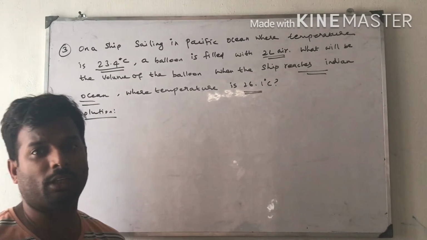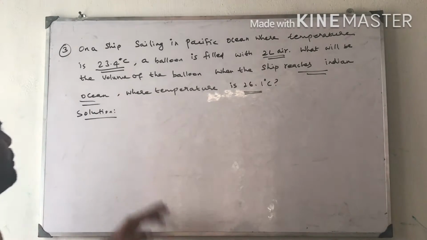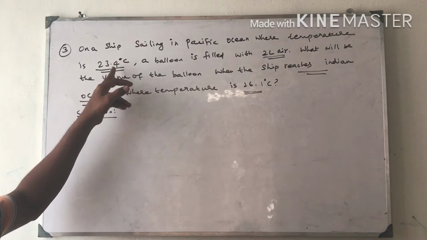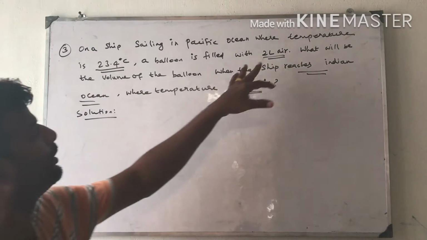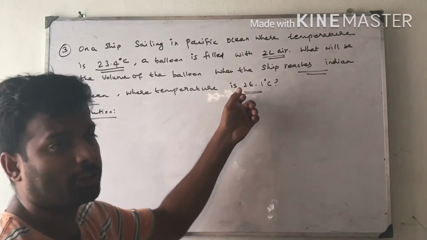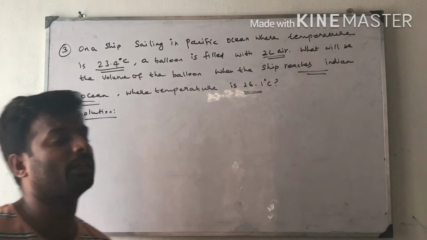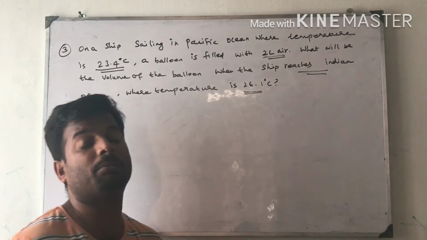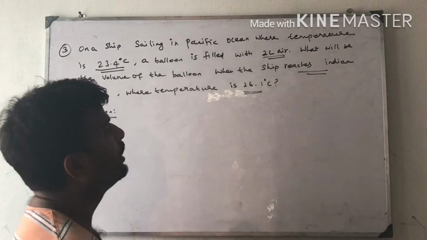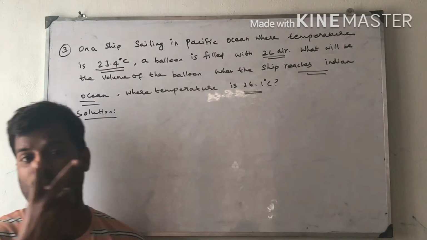In the Pacific Ocean the temperature is a little lower than the Indian Ocean. Now the ship reaches the Indian Ocean, and the temperature automatically increases. What will be the volume? I already told you, we already solved two problems.